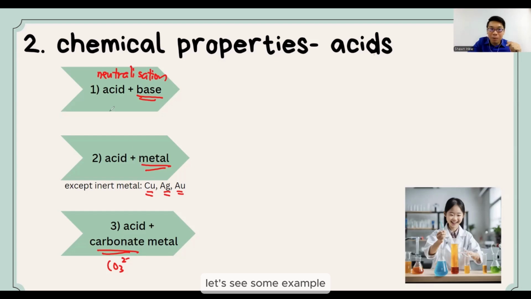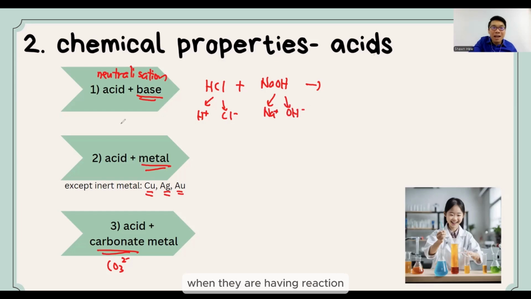Let's see some examples. Acid and base. The acid that we know is HCl, and then the base, let's say, is NaOH, which is one of the alkali. So HCl will form H plus and Cl minus. NaOH will form Na plus and OH minus. When they have a reaction, hydrogen ion and hydroxide ion will always form water.